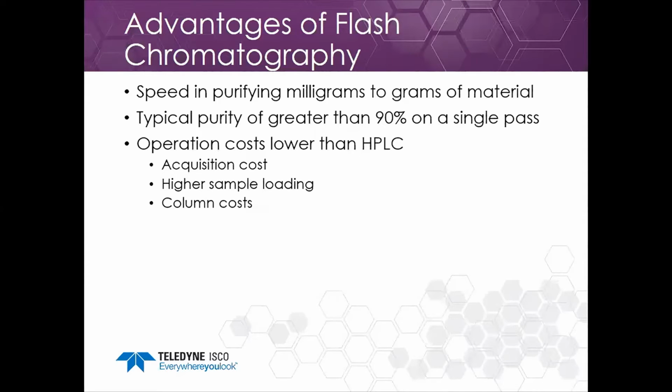Obviously, the column costs are significantly different between the reusable prep columns or analytical columns versus a disposable, one-time use flash column, and it offers minimal method development time when you're trying to purify a crude sample.